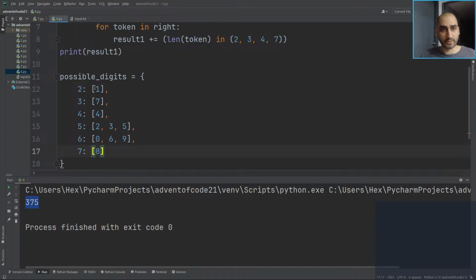Okay, so basically we know what these 4 are, and if we get these 2, then there's 3 possible values they could be.